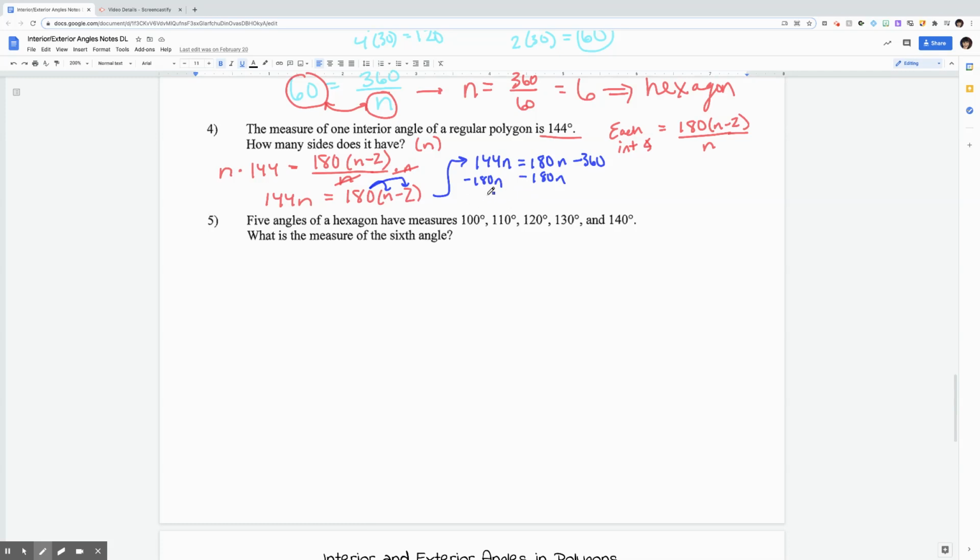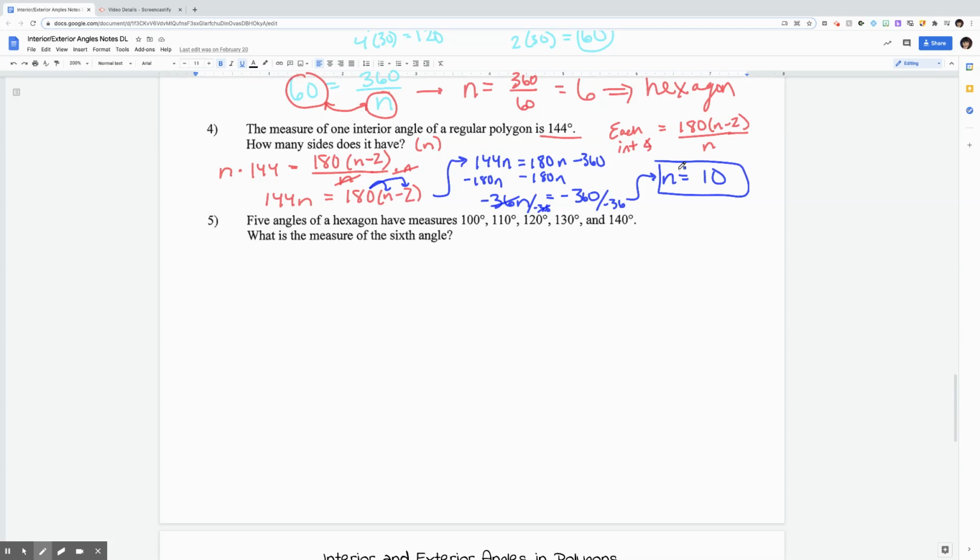So I end up with negative 36n equals negative 360. So I'm going to divide both sides by negative 36. So that's going to cancel that out, and I end up with n is equal to 10. Okay, and that's my final answer there.